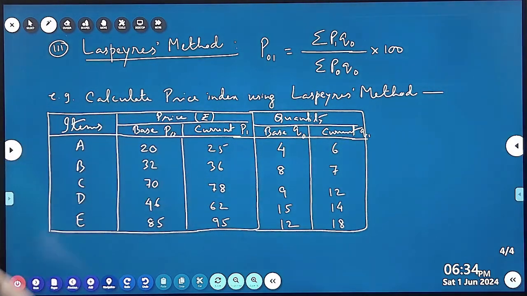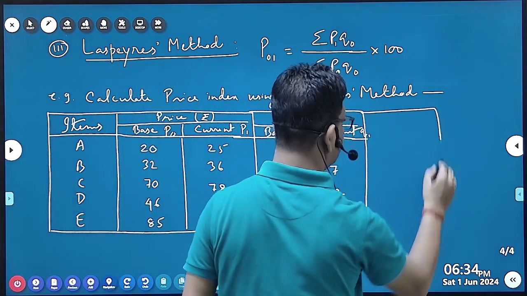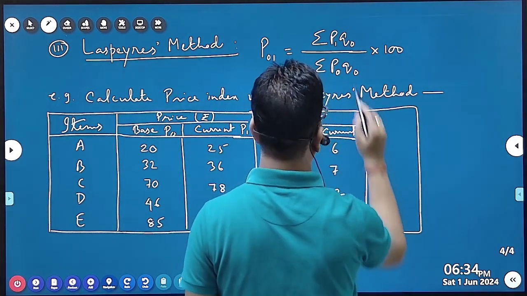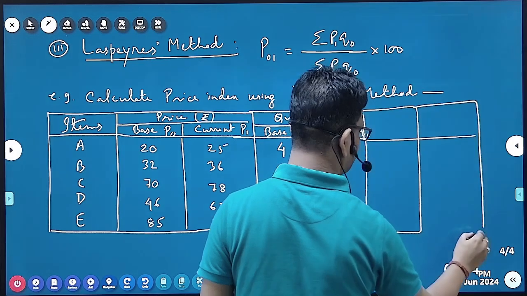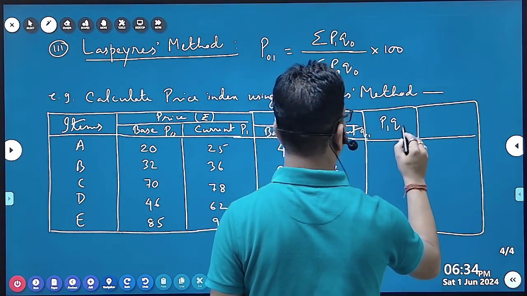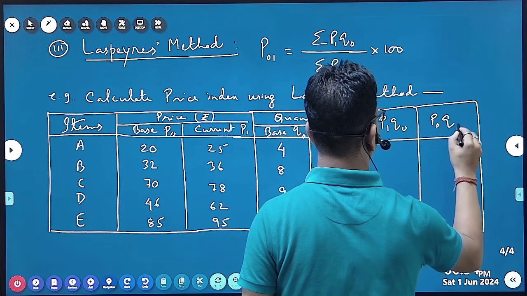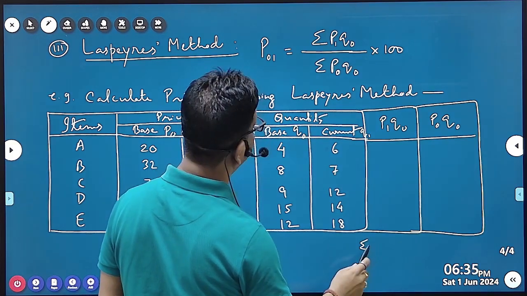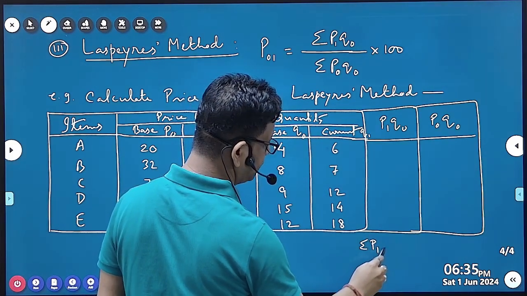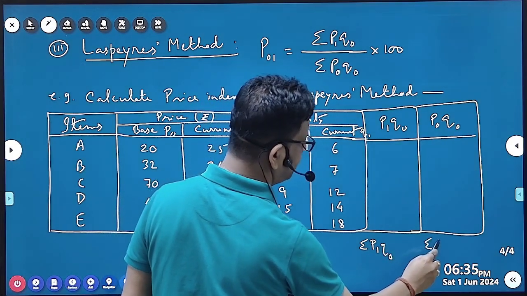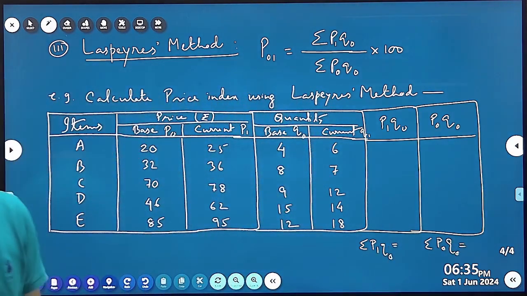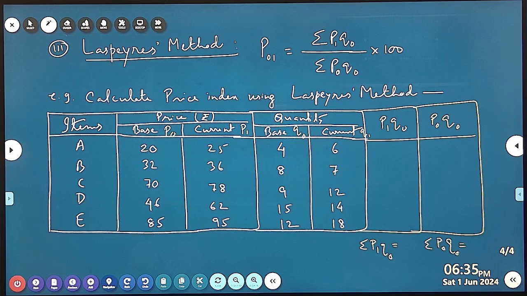So what will be the two columns that you will be adding here? One column will be, try to answer, which column? P1 Q0, and the other one is P0 Q0. Simply add these, put them in the formula, and that is the required answer by this Lespeyres method.